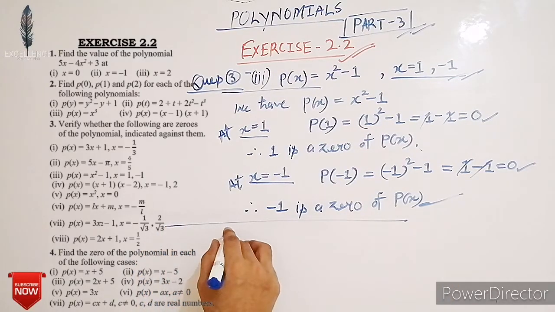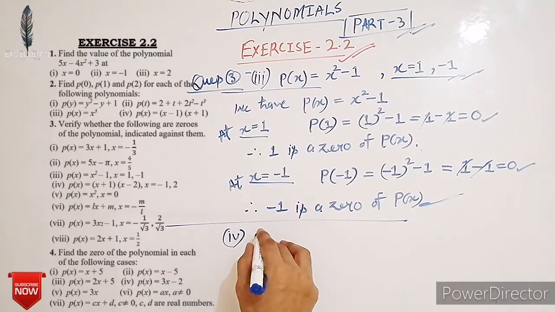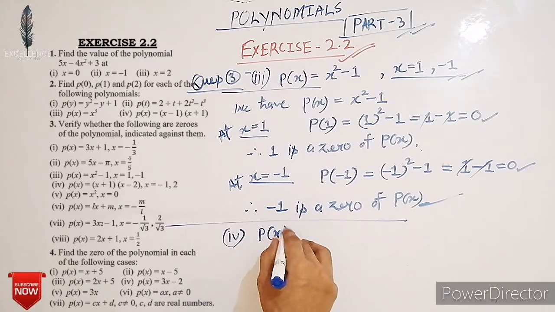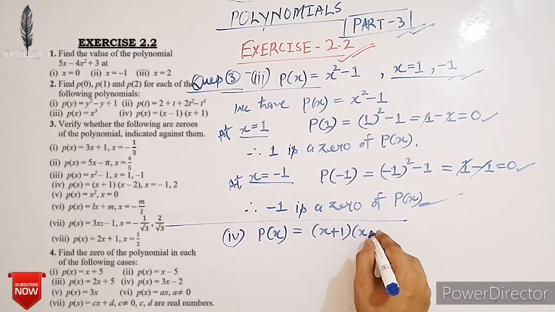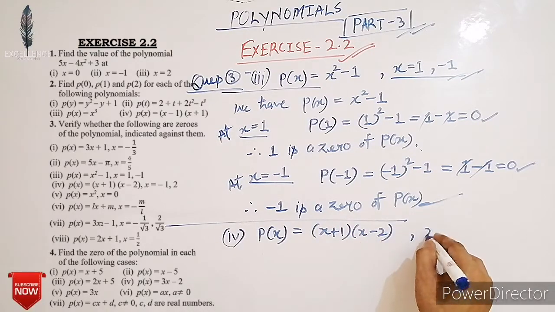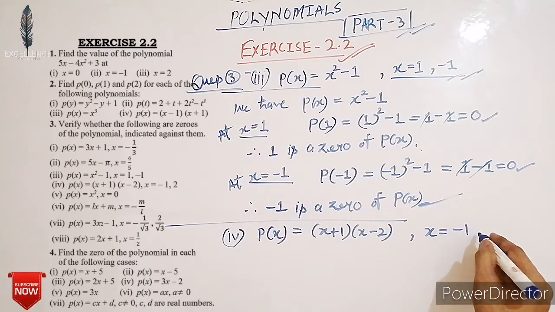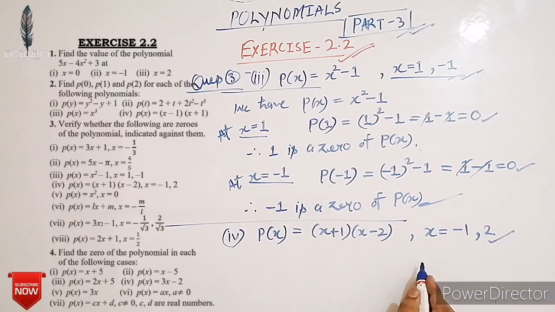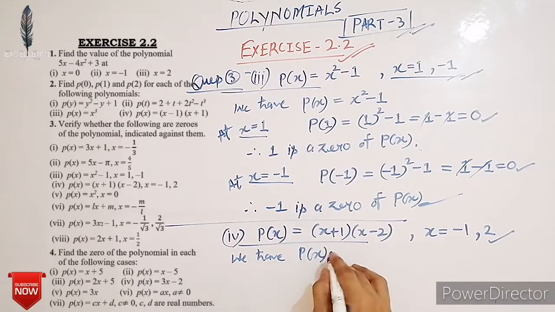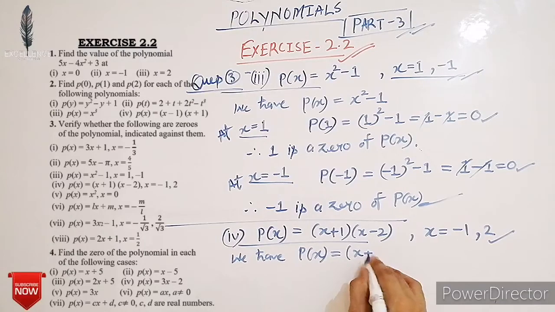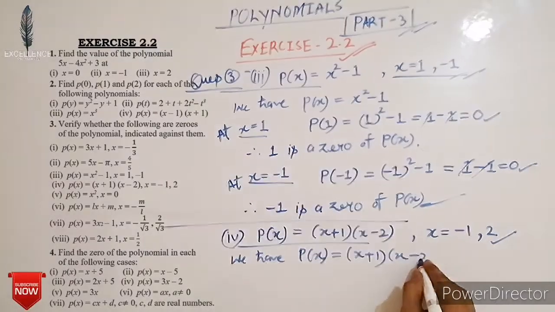Now fourth is p(x) = (x + 1)(x - 2) and x = -1 and 2. So we have p(x) = (x + 1)(x - 2).